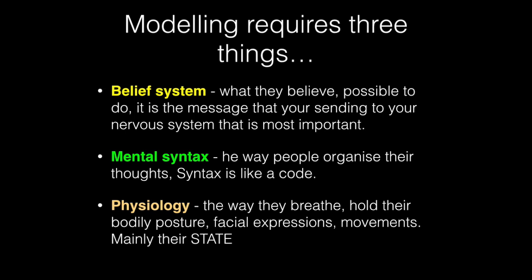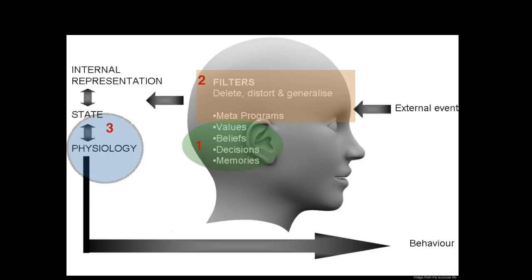So if we look at these 3 as 1, 2, 3, then the actual diagram would be this: 1, values, beliefs, decisions, memories; 2, filters, metaprograms; and 3, physiology.